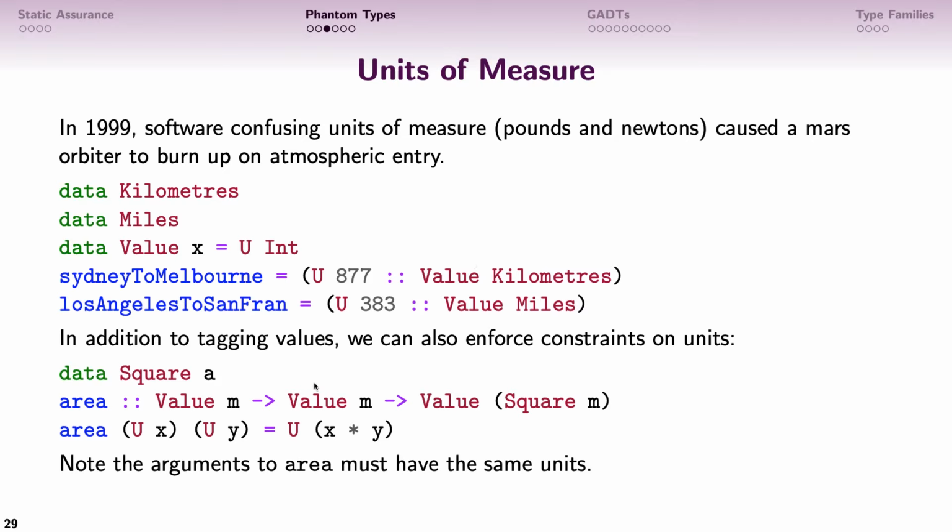The other interesting constraint that I have here is that the two units of the two inputs to area should be the same. So I can't give it one side in kilometers and one side in miles, because that would just not be a well-formed computation. So we can use phantom types to encode units of measure, and this is a common use case for them as well.